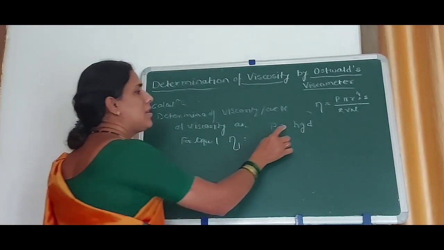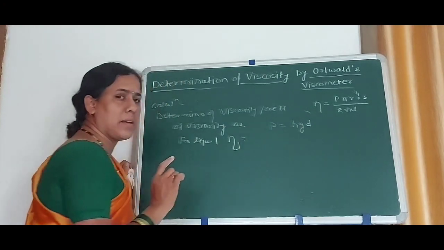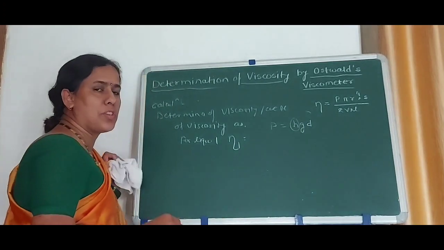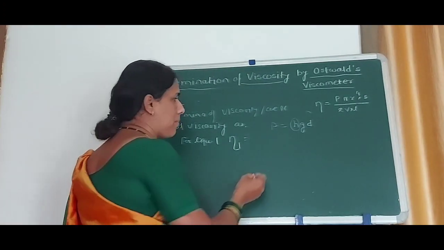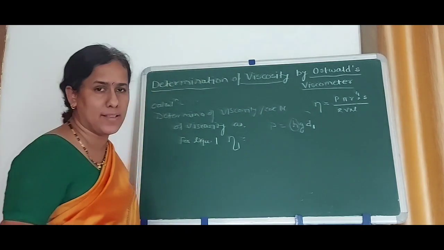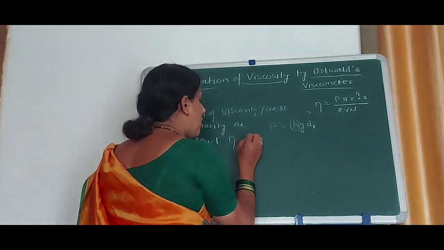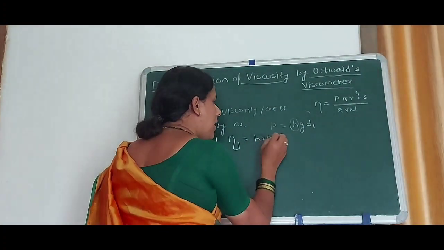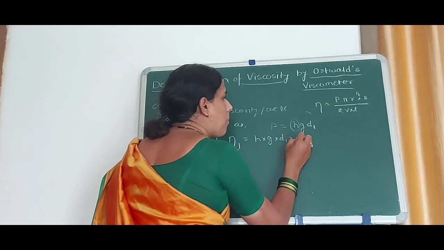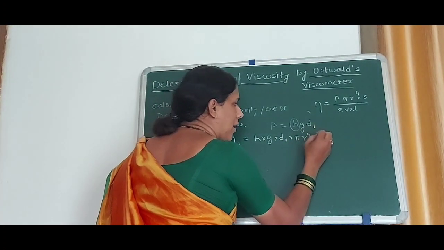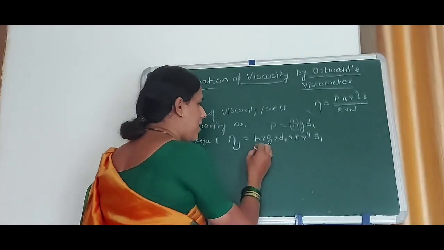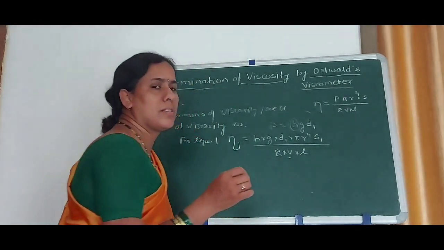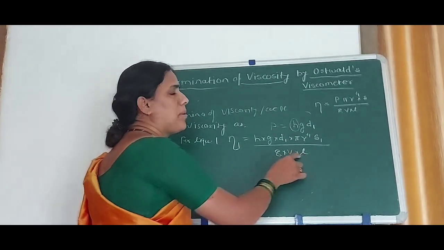For the liquid first, these values are kept the same because the same viscometer is used, therefore height H is the same, and G, acceleration due to gravity, will also be the same. First, we just have to change the density. Therefore we put this in the equation: eta 1 is equal to H into G into D1, into pi R to the 4, and time, suppose S1, divided by 8 into V into L. Here the volume of the liquid and the length of the capillary tube are also the same.